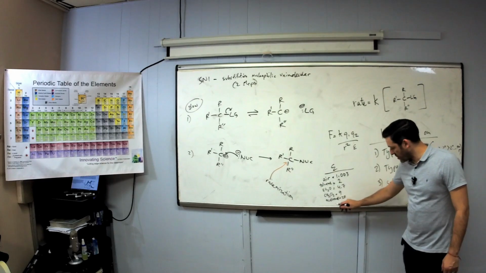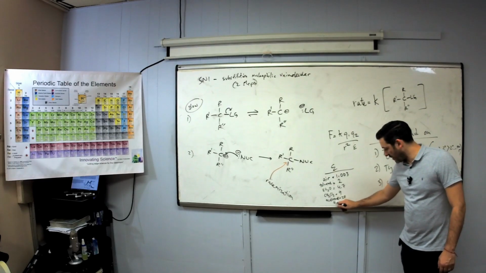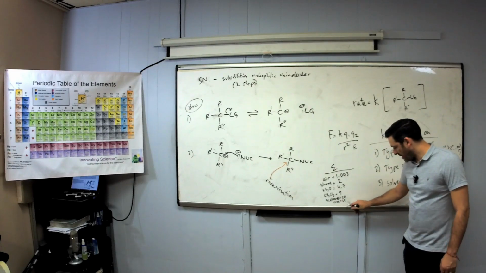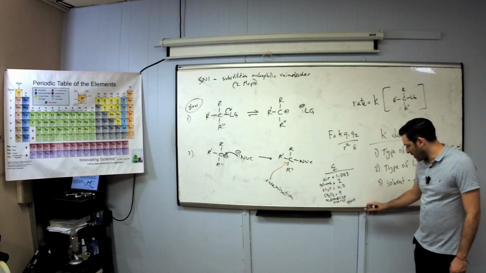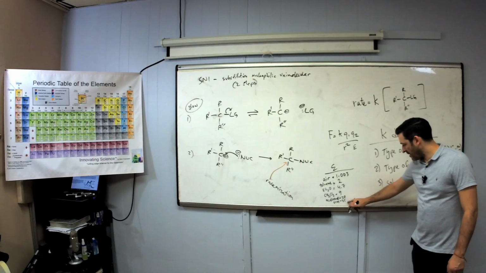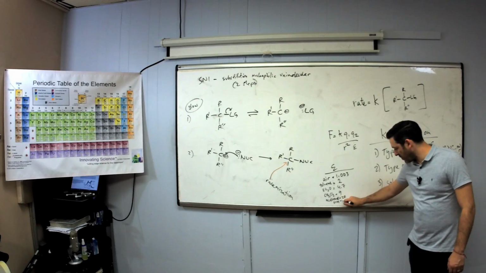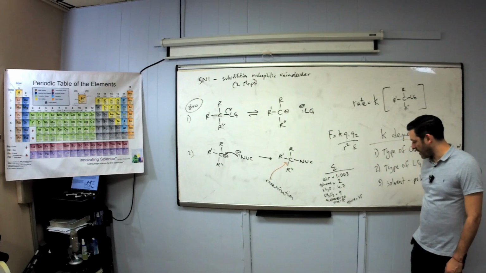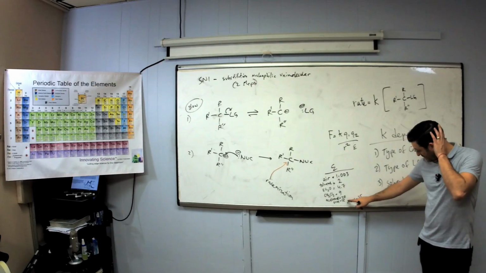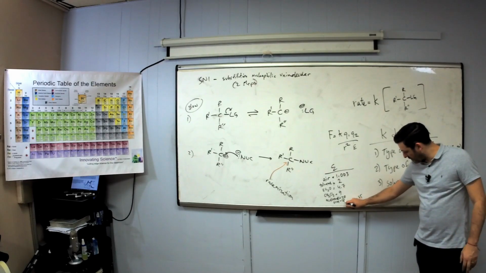So acetone's at 20. Ethanol, EtOH, is around 35. I don't have any room, but underneath there, methanol, I think I messed up. Ethanol is around a 25. Methanol is around a 35. I might be off on that. We have to verify that.